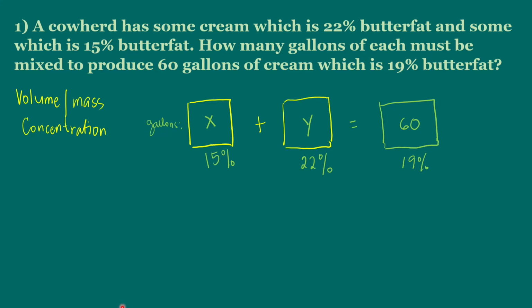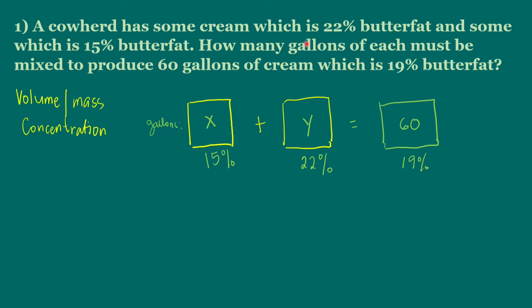A while ago, I told you that the important details we need to know in mixture problems are the volume or mass, and in this case it is about volume or gallons, and also the concentration. So X, Y, and 60 are volumes. When we add the two, the problem says it will create 60 gallons, and that 60 gallons has its own percentage, 19%.